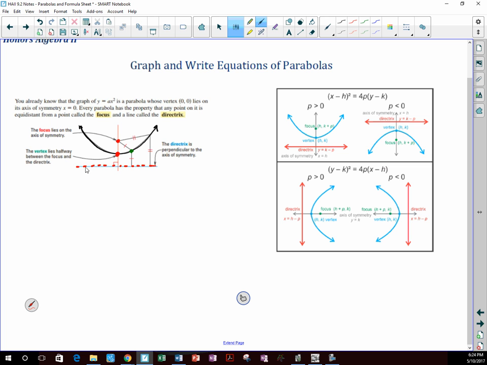So that distance from the vertex to the directrix and the vertex to the focus is one of the main parts of our equation, and that's P. P is the distance, actually, I'm going to do this from the vertex to both the focus and directrix.